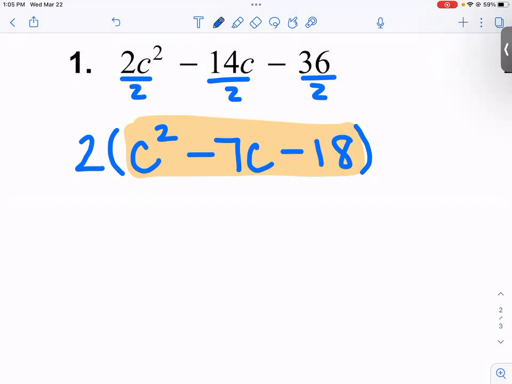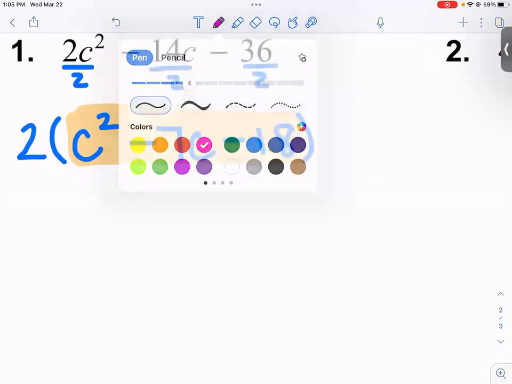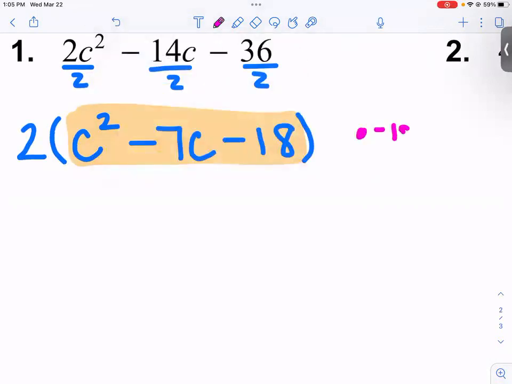I need 2 numbers that multiply to negative 18, add to negative 7. Okay, negative 9 and positive 2. Do those multiply to negative 18? Do they add to negative 7?